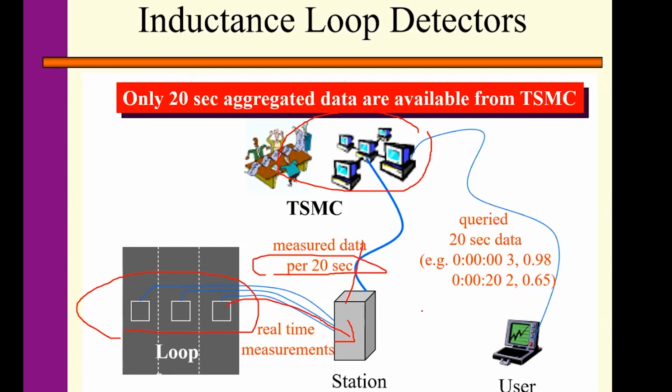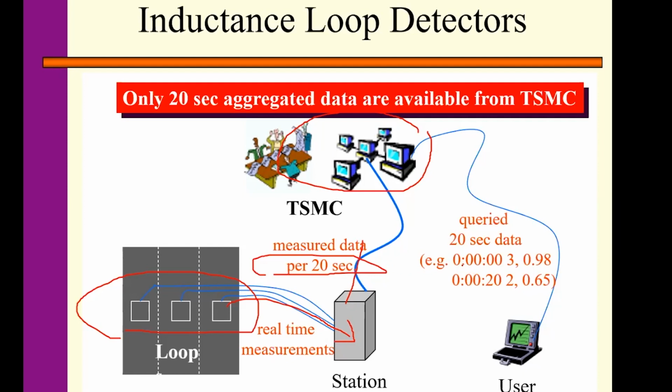When we aggregate those data into a certain interval, you can see there are some estimation errors, because you do not output the individual vehicle data triggered by each vehicle. You aggregate them together.